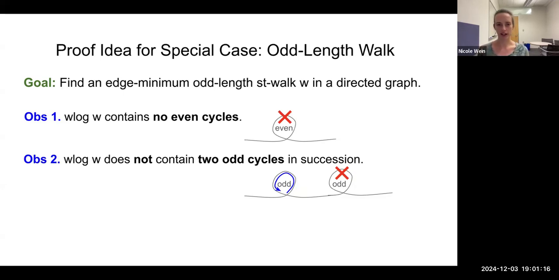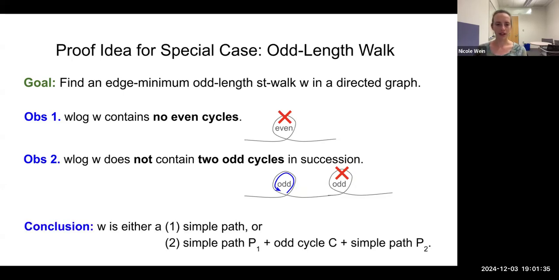And this is, again, only going to help me because it's going to only decrease the number of total edges. And it's not going to change the parity because I'm trading not traversing one odd cycle for traversing another odd cycle one more time.